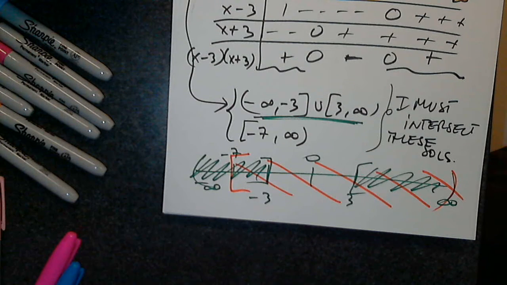So what is the domain of the function f? Not the first part of the function, not the second part of the function, but the entire function f. Isn't it bracket negative 7, negative 3? Right, where both colors exist, which means both functions are defined at the same time. So negative 7, negative 3, union 3 to infinity. Does it make sense? Yes.